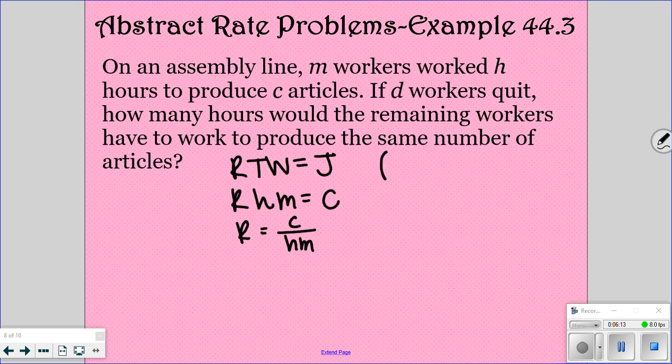So now we come back up here. Our rate is C over HM. D workers quit. How many hours would we have to work? So the time is what we're looking for.